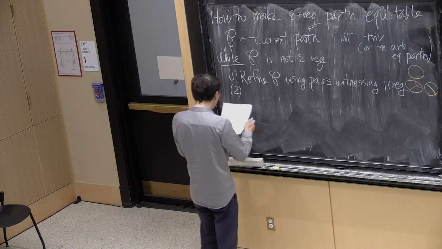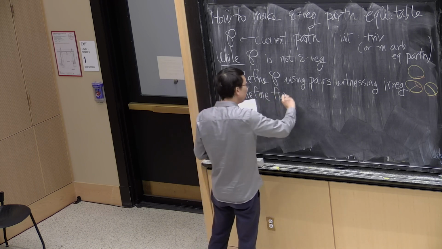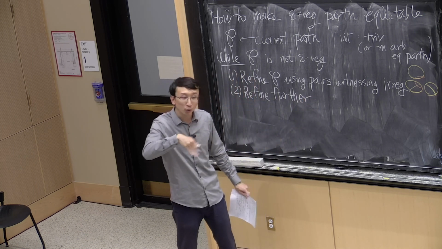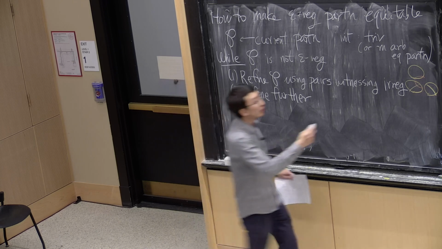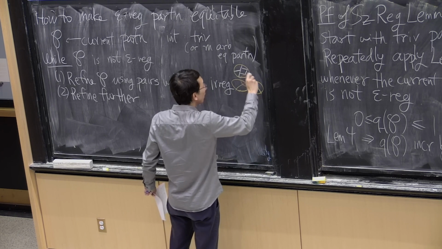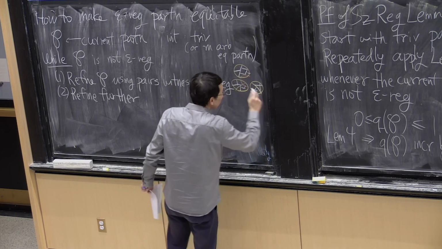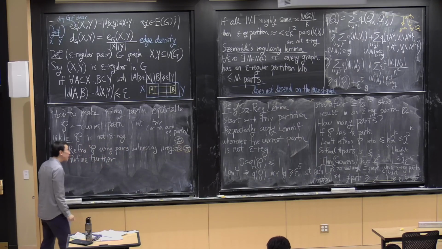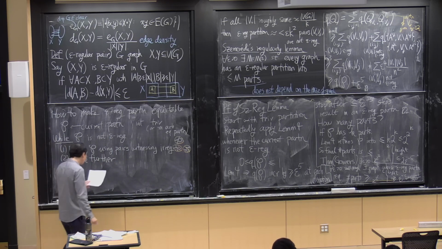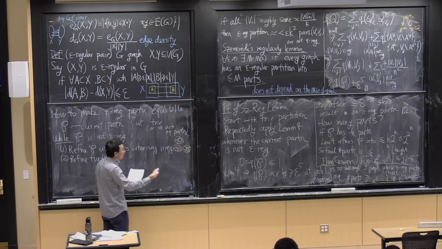And to make our life a little bit easier, we can refine the partition somewhat further to chop it up into somewhat smaller resolution. And this part, you can really do it either arbitrarily or randomly. Some ways may be slightly easier to execute, but it doesn't really matter how you do it. It's fairly robust. You refine it further, and well, basically I want to make it equitable.